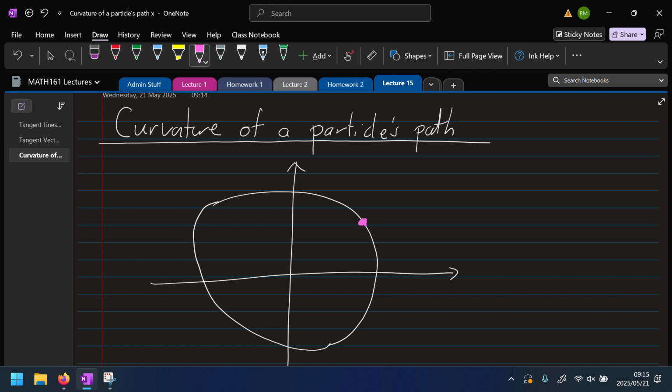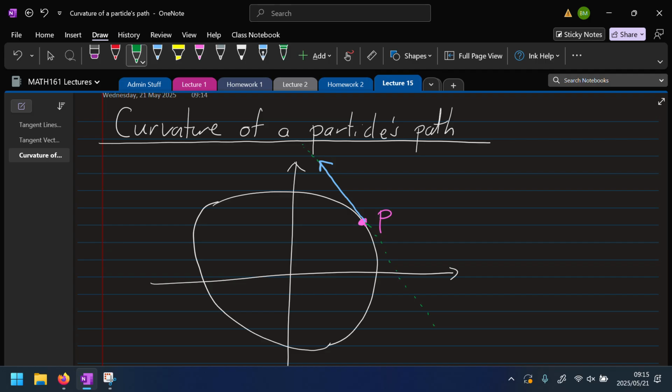So here we've got some point P. There's going to be some velocity vector. If there were no forces involved, we know that the particle will just carry on along the tangent line, moving along the straight line there.